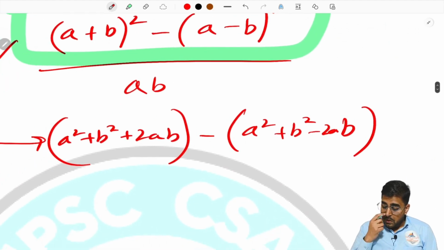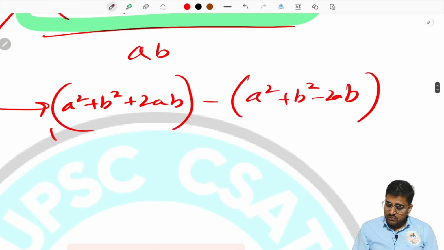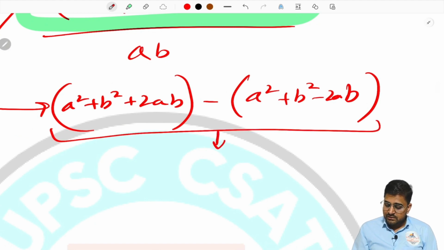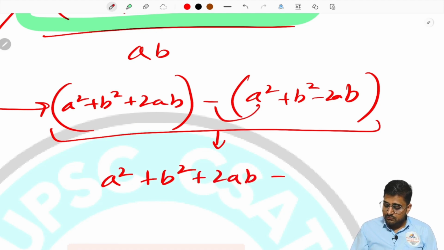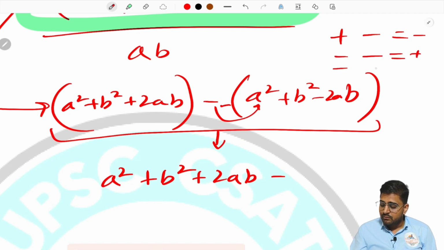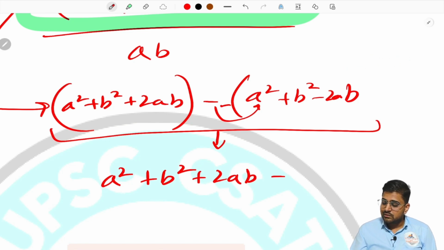Now, when we solve this expression, what do we have? It becomes a square plus b square plus 2ab, minus this, which will multiply by this. It is basically minus 1. When you multiply minus 1 with anything, it gives you a minus. See, plus minus gives you minus, minus minus gives you plus, minus plus gives you minus, and plus plus gives you plus.